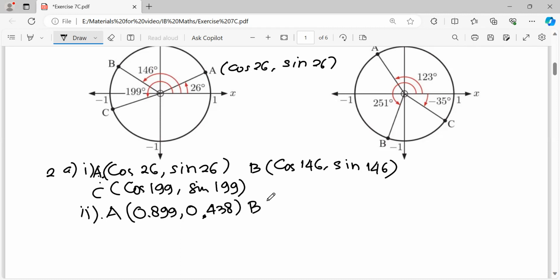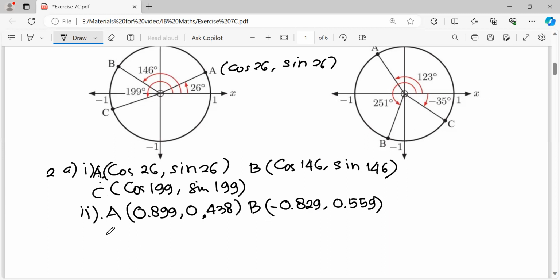B: cosine 146 is minus 0.829, comma, 0.559.